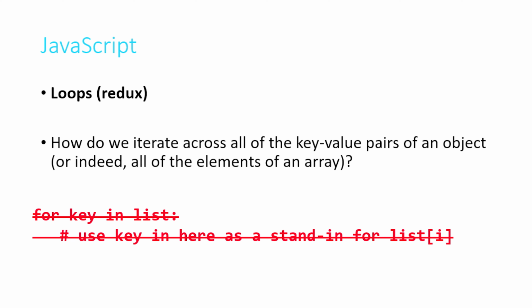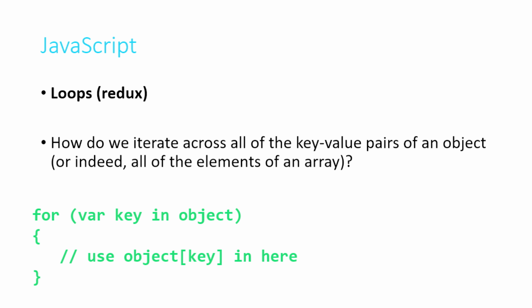Well, we can't do that in JavaScript, but we can do something pretty similar: for var key in object, and then open curly brace. And between those curly braces, we can use object square bracket key to refer to the keyth element of the object, or the keyth key in a key value pair set of the object.